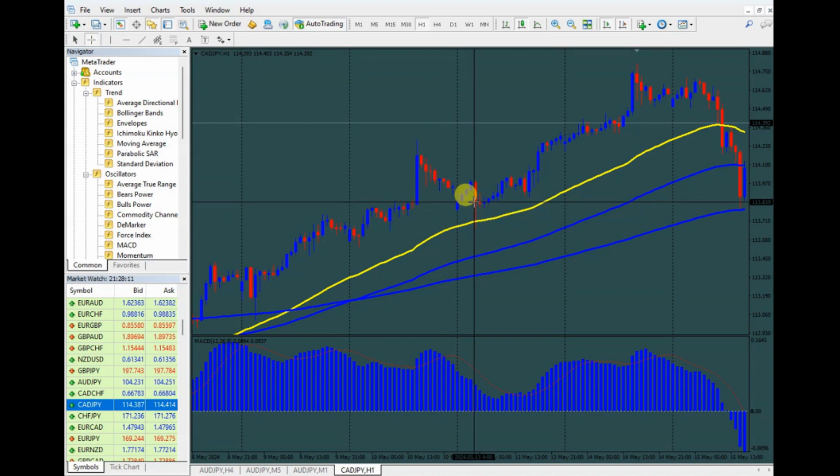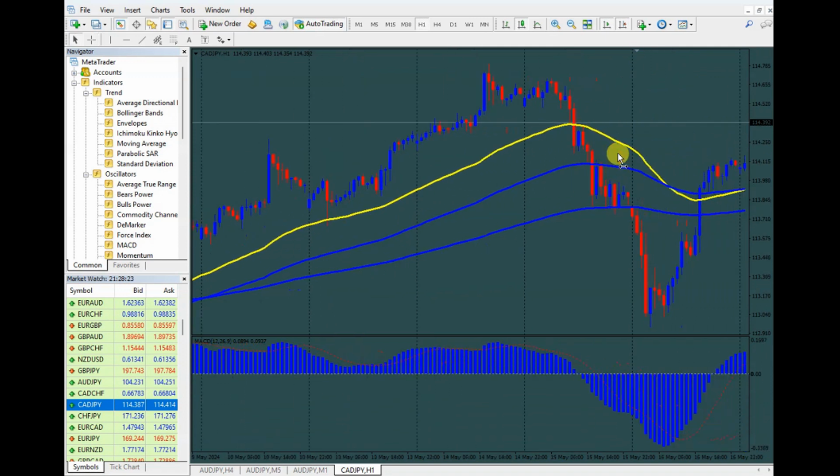So if we enter the market here, and here is our stop loss, which is 50 pips, our target is 100. So there is something we need to also learn: as the trade is moving in our direction, we need to be moving our stop loss.